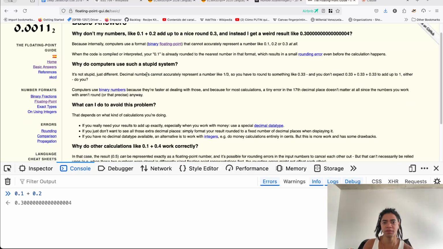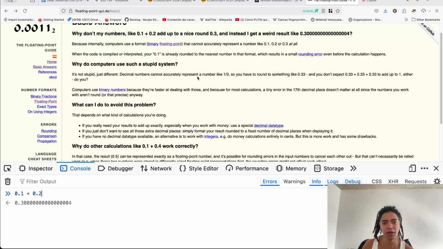Okay. Our decimal system cannot accurately represent numbers like 1 divided by 3. So you have to round to something like 0.333, and don't expect 0.333 to add up to 1 either.